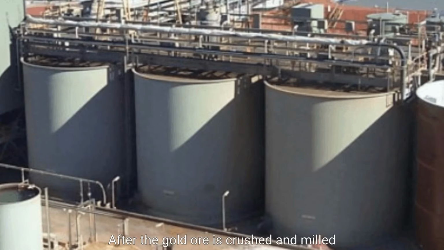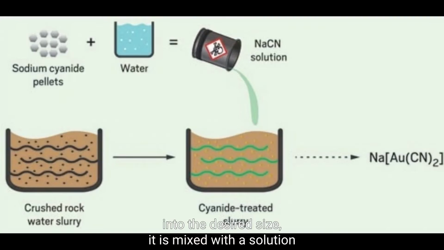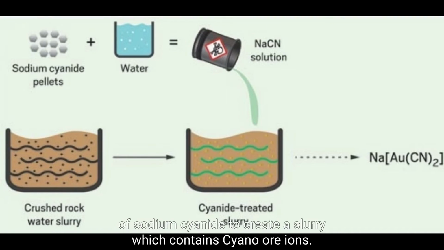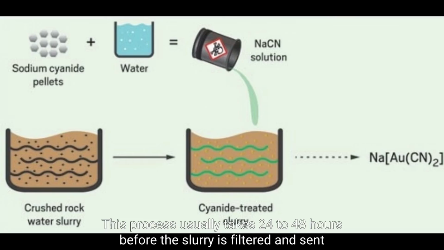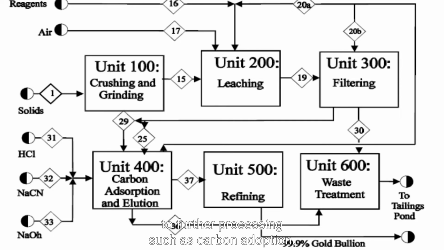After the gold ore is crushed and milled into the desired size, it is mixed with a solution of sodium cyanide to create a slurry, which contains cyanoaurate ions. This process usually takes 24 to 48 hours before the slurry is filtered and sent to further processing, such as carbon adsorption.